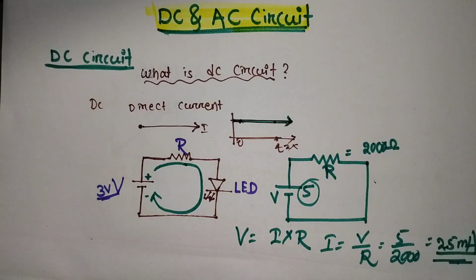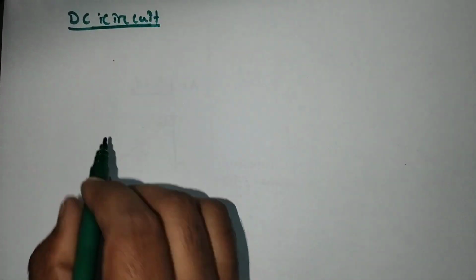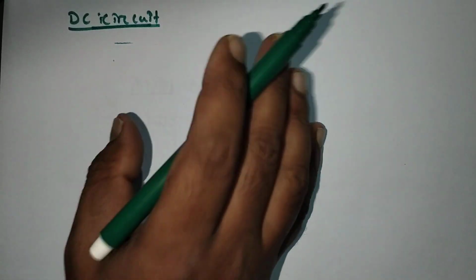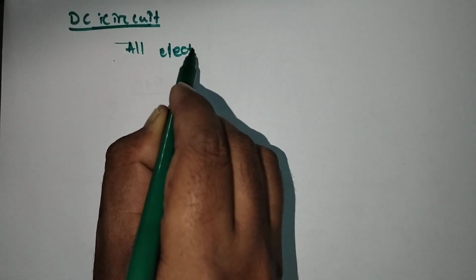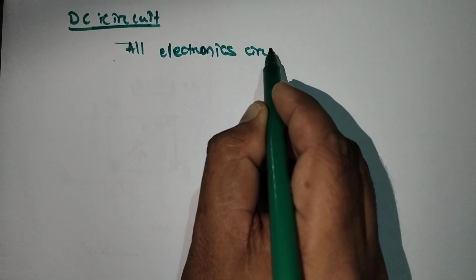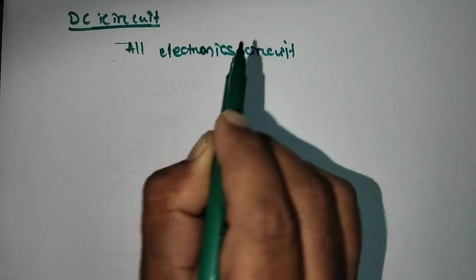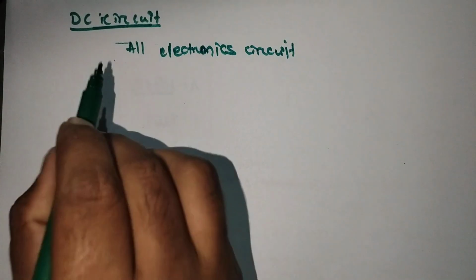Basically, for our consideration, the DC circuit or DC supply is used in almost all electronics circuits. Let me consider a microcontroller.